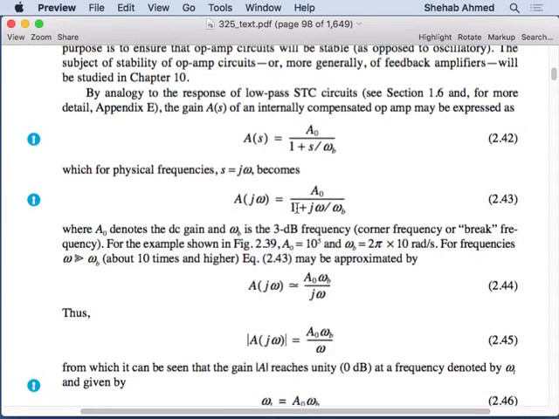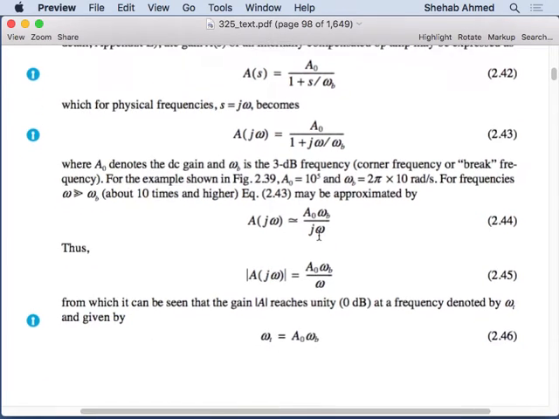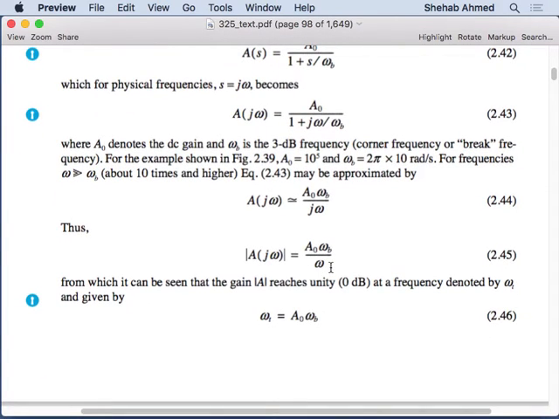If you ignore 1, I can bring omega B to the numerator, and I'm left at the top with A naught omega B over j omega. The magnitude of that is A naught omega B over omega. When does this frequency omega make the magnitude equal to 1?